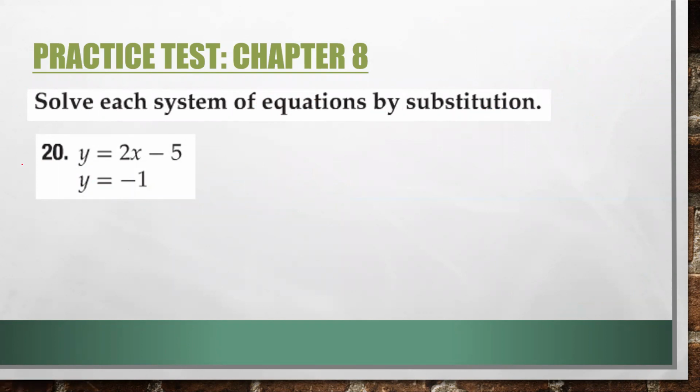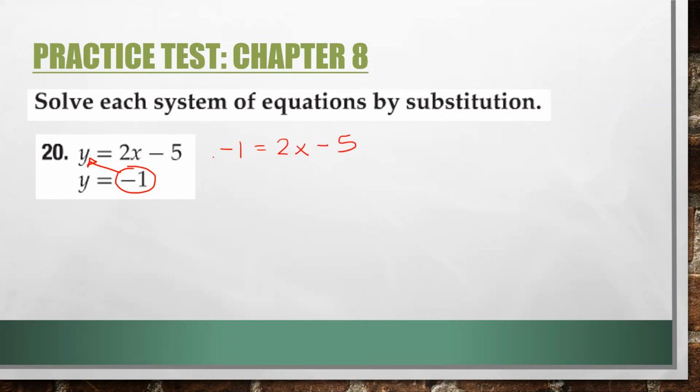Okay, so what you're given here is y is equal to 2x minus 5 and y is equal to -1. So we're going to substitute this -1 in for y into that equation up there. Okay, so that becomes, instead of y, I'm going to put -1 is equal to 2x minus 5.